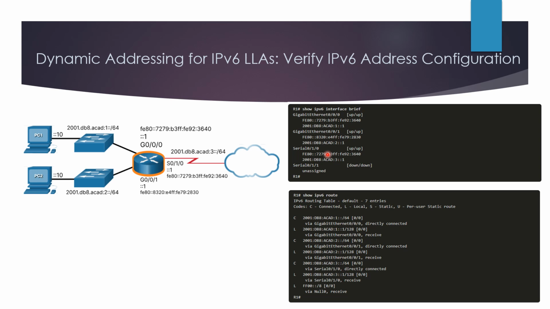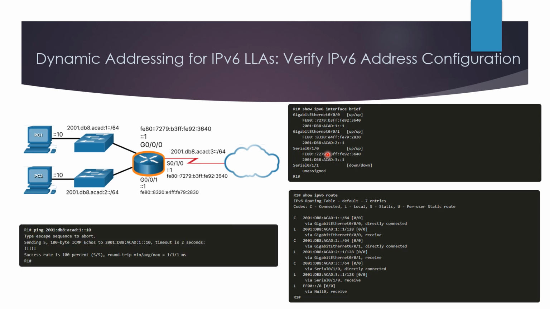Another way is by using the ping command for IPv6, which is identical to IPv4, except that this one will address only IPv6 addresses. As shown here, this is a command that is used to verify the layer 3 connectivity between router 1 and PC 1.